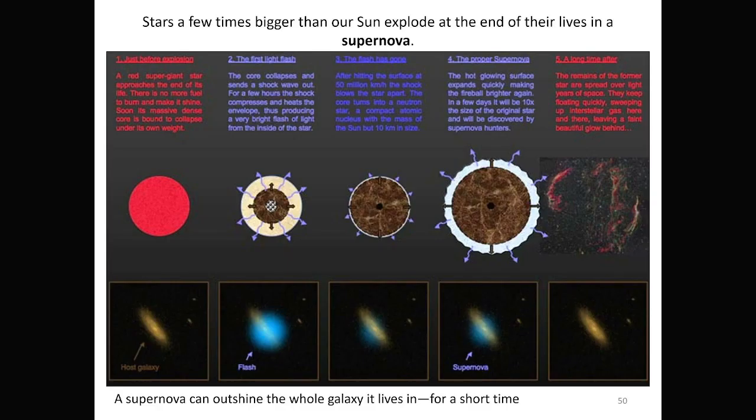So here's what happens to stars that are a few times heavier than the sun. And the cool thing here, here's the host galaxy, here's the helium flash, and the supernova, which outshines the entire galaxy, which is just amazing to me, because there are hundreds of billions of stars in a galaxy, and one of them can outshine all the others.